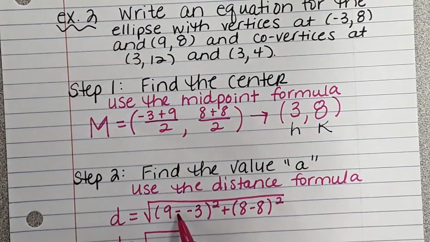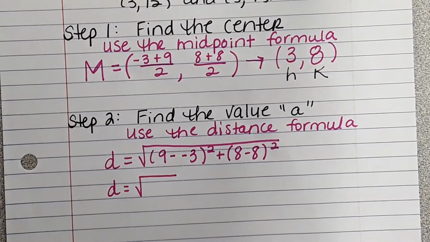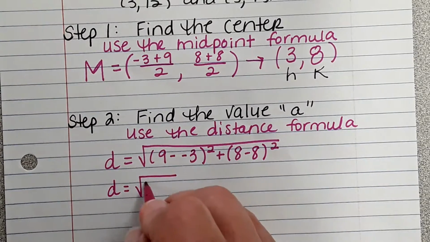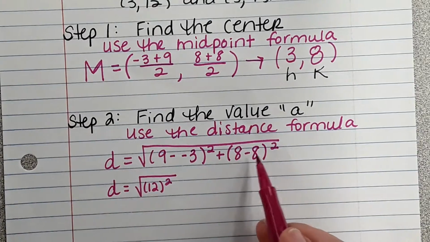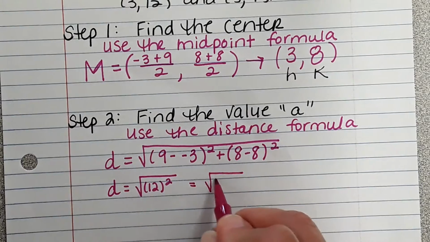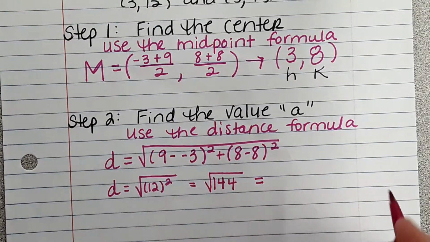So 9 minus -3 is 12. So this would be 12 squared. 8 minus 8 is 0. 0 squared is 0. And what is the square root of 144?